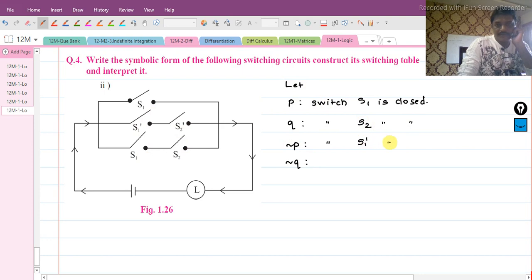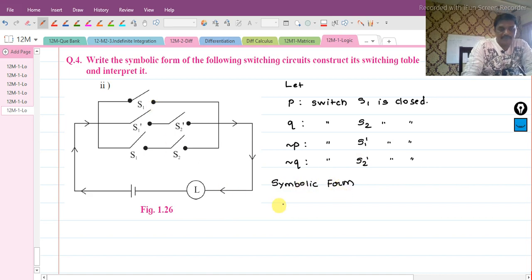Switch S1 dash is closed and switch S2 dash is closed. Now what is the symbolic form? Symbolic form आप लोग बताना चाहोगे? Can anybody answer this? यहाँ पर P or negation P and negation Q, or P and Q. Well, that's it.